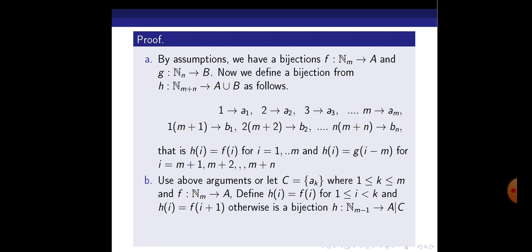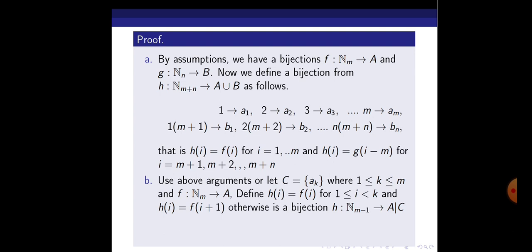Another one is, for convenience, we choose C as A_K, where K varies from 1 to m. Since we have assumed that A is a set with exactly m elements, we can safely assume that there exists a bijection F from N suffix m onto A. So we define a bijection H from N suffix m minus 1 onto A minus C, where C is the element A_K.